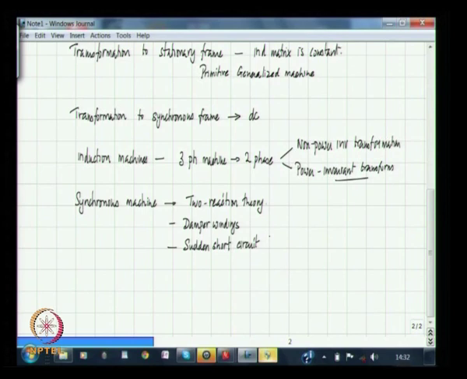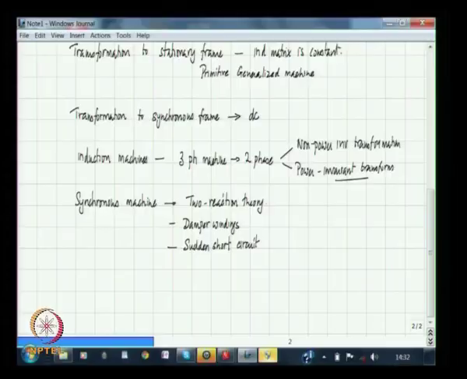We looked at numerical examples, simulation results for both the induction machine and the synchronous machine in order to understand the relevance of the equations that we had studied and the utility of the models that we had seen.